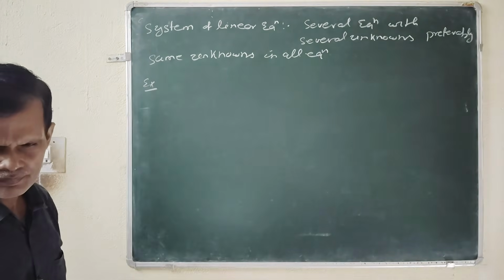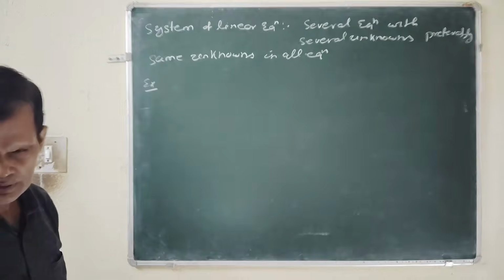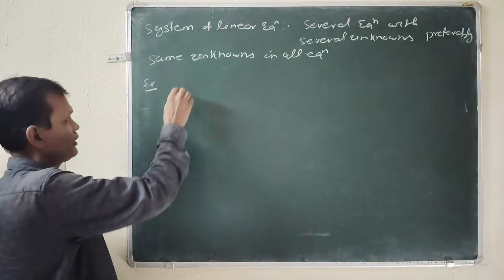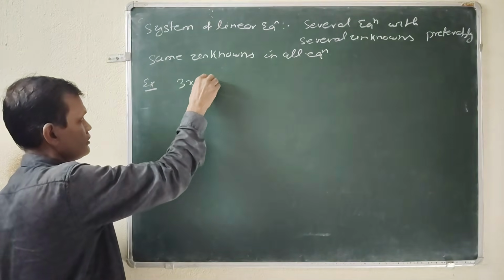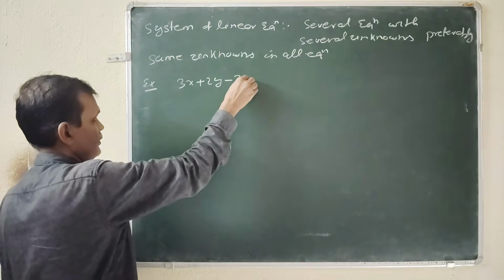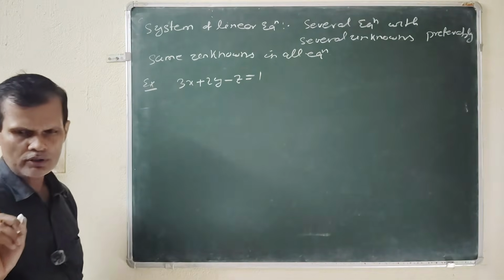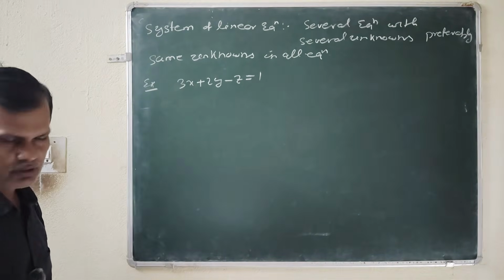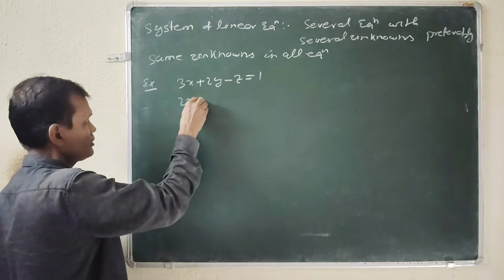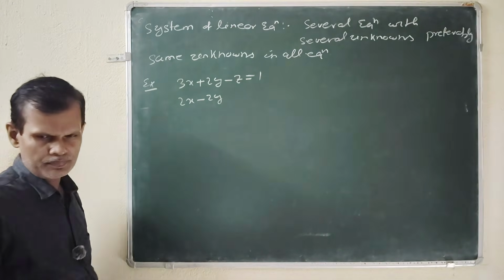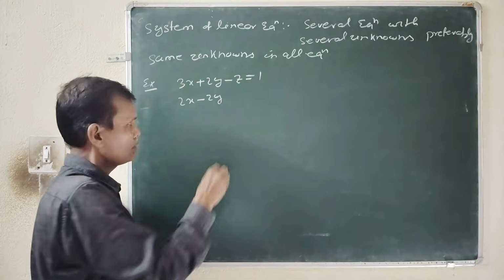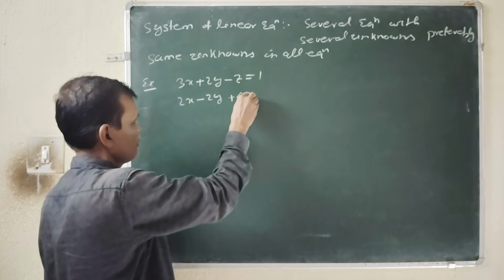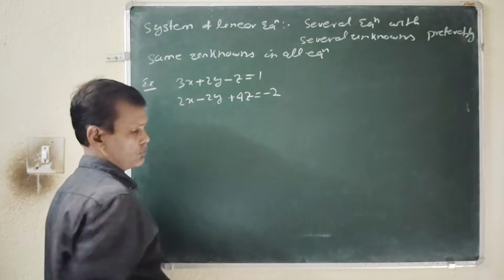So I am considering 3x plus 2y minus z equal to 1. This is only one equation. Then I am considering 2x minus 2y plus 4z is equal to minus 2.